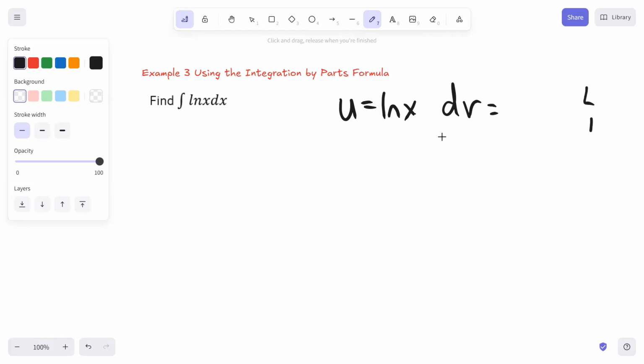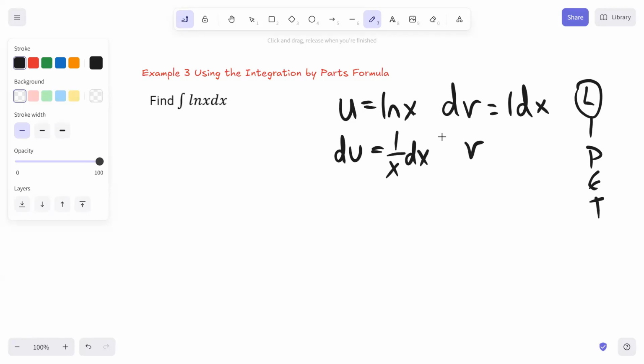Also, if you think of LIATE, we have a log in here. And you might be asking, well, what's the dv? Well, the dv is just going to be dx, and you can think of that as having a 1 understood to be there. So du is going to be 1 over x dx, and v is going to be x.